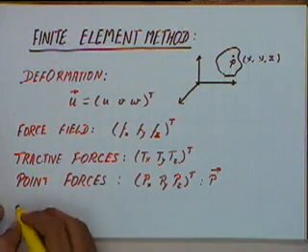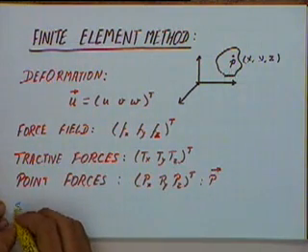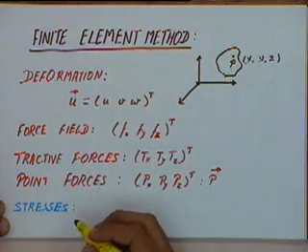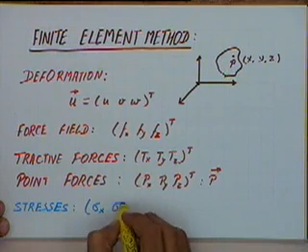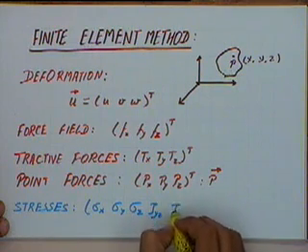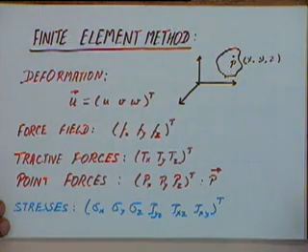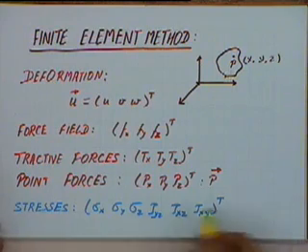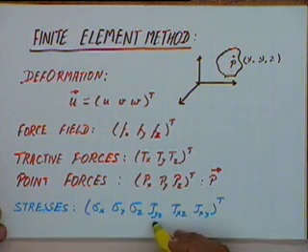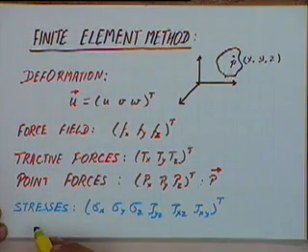Then if we talk of the stresses, the stresses will consist of 6 components: 3 normal stresses, sigma x, sigma y, sigma z, and tau yz, tau xz, tau xy as the shear stresses. So this vector would represent the stresses.